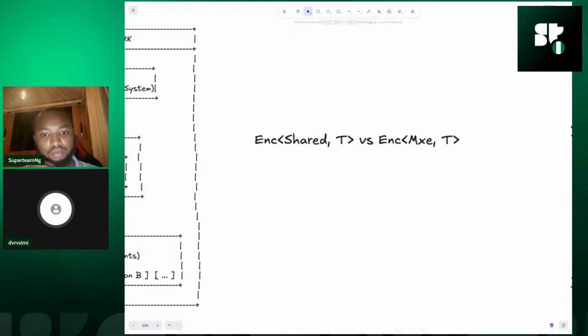Jupiter's order book is pretty much open, everybody can see it. But if you needed something that required private trading, where you don't want any other person to see it, you want to create that in an encrypted MXE type. I hope that makes sense.